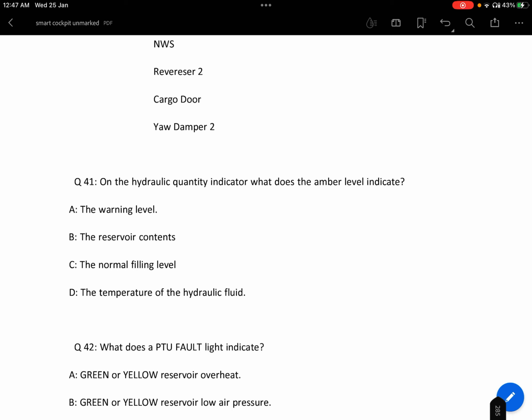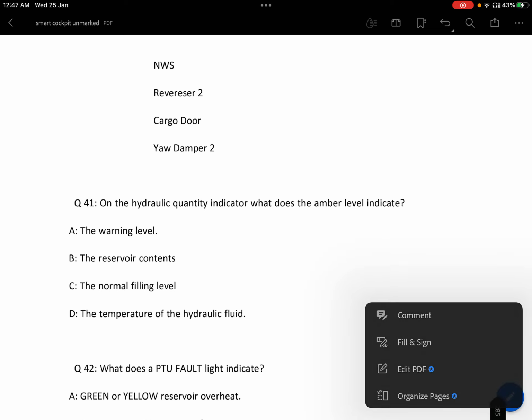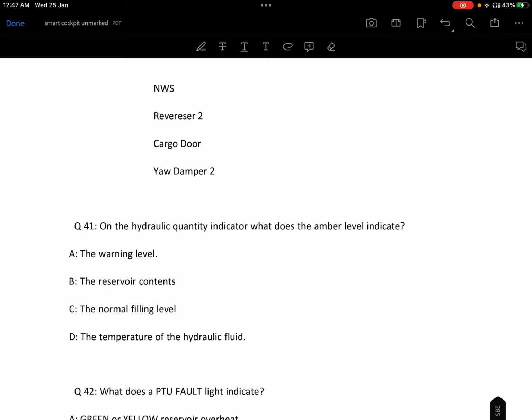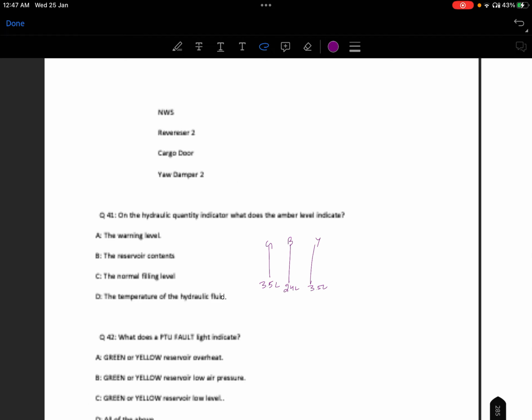Right. So, question number 41, on the hydraulic quantity indicator, what does the amber level indication indicate? Amber level indication indicates the warning level of reservoirs. What was that?